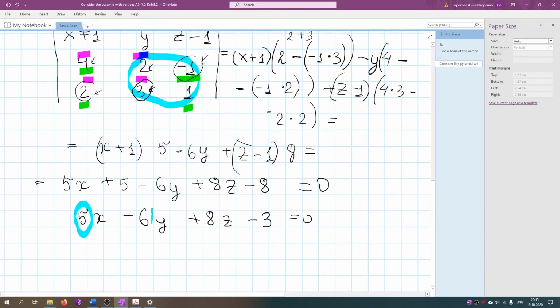This, minus 6, and 8. So we can now write that the coordinates of the normal vector of the plane ABC are 5, minus 6, and 8.